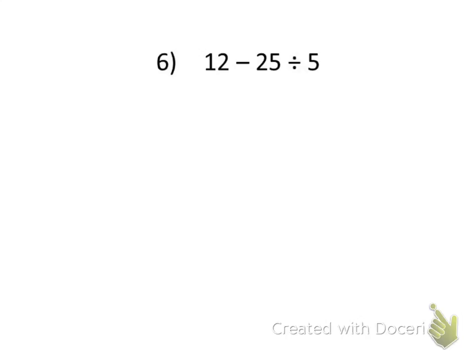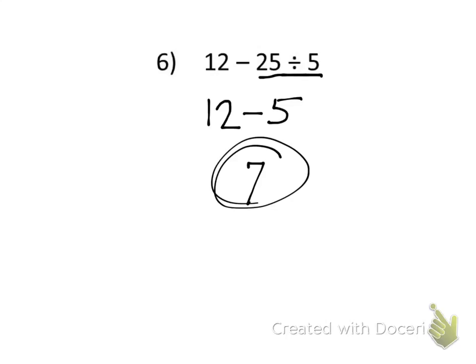Do we have exponents? Do we have multiplying and dividing? Yes, so we're going to be right here. What is 25 divided by 5? And we didn't touch the 12 or the minus sign. So that's 12 minus 5, which is, careful, 7.